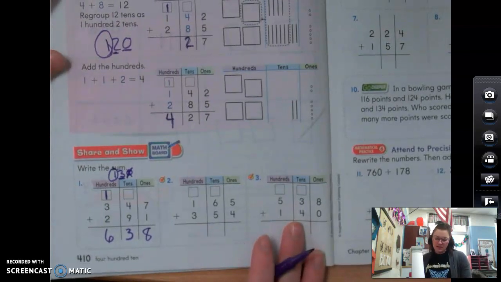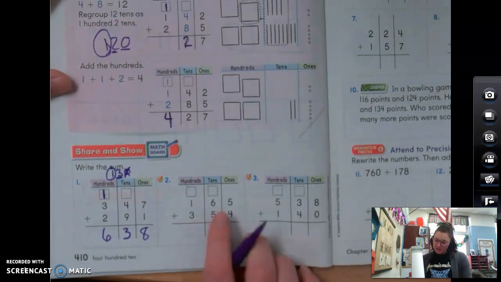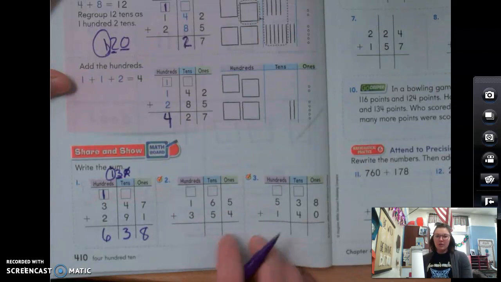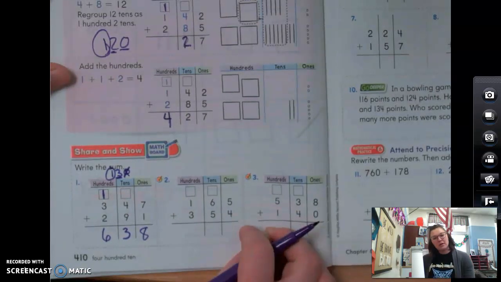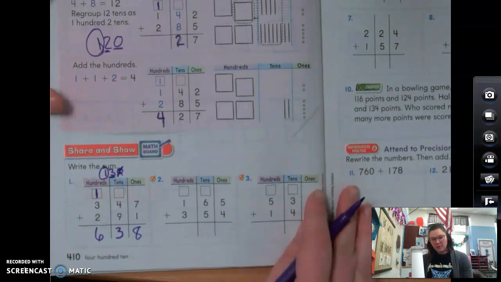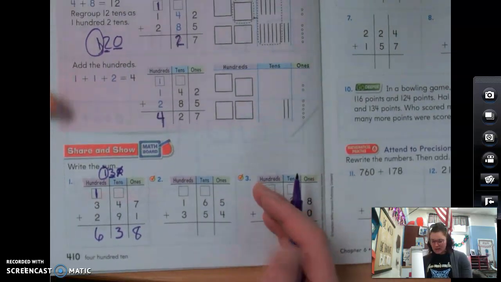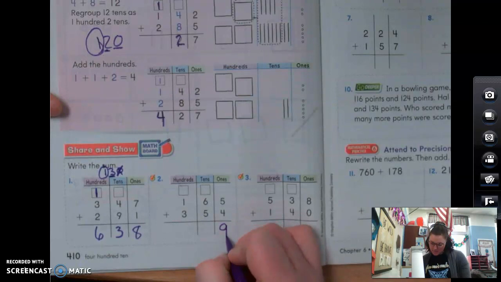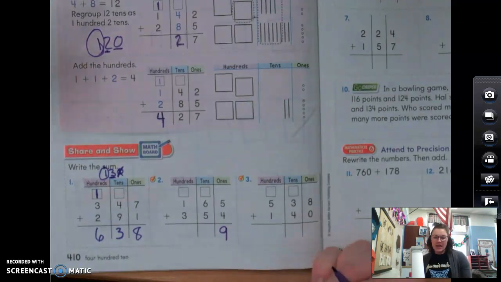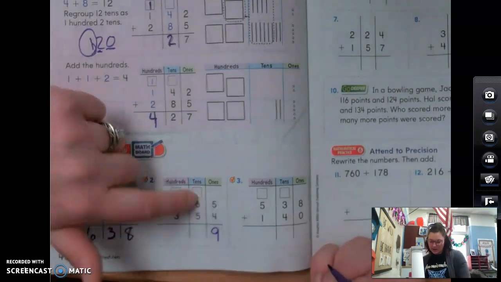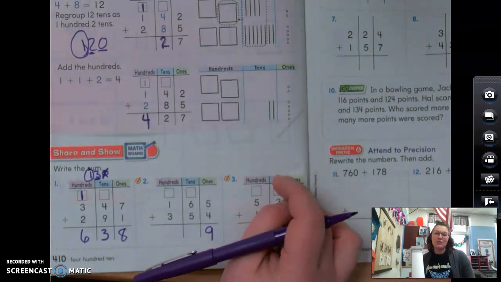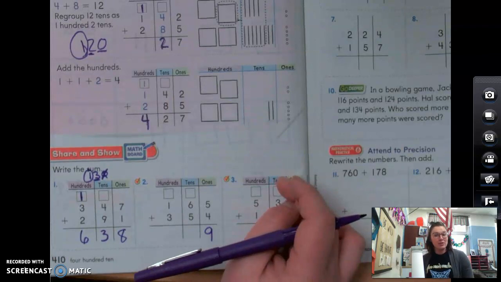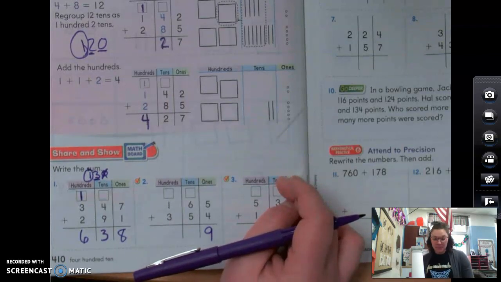All right. Okay, so in number 2, 165 plus 354, we got to start in the ones place, and that's 5 plus 4. Anybody know that real quickly? 5 plus 4 equals 9. Okay, so 9 doesn't have any tens in it, so I just put it right there. I don't need to regroup. I had to go straight into the tens place and add 6 plus 5. Well, 5 plus 5 is 10, plus 1 more would be 11.